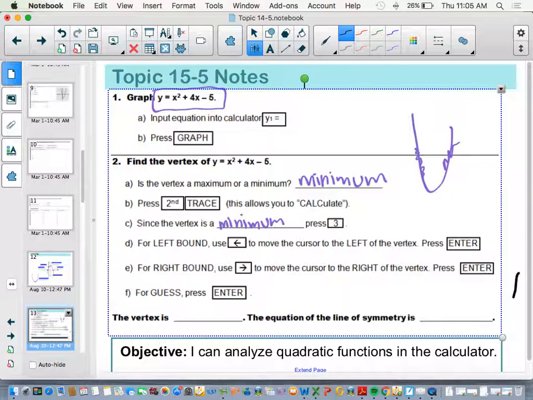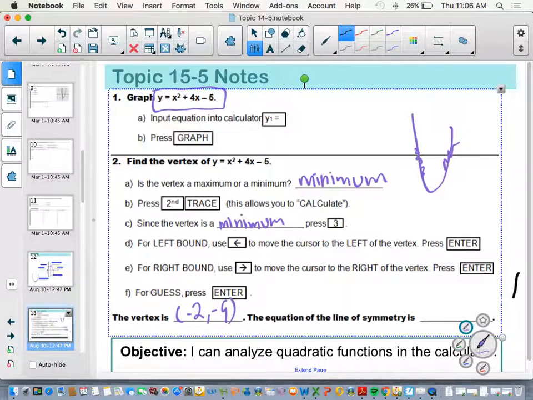Mine's negative 2, negative 9. Did some of you get 1.99999? That's really close to 2. So we get -2, -9.